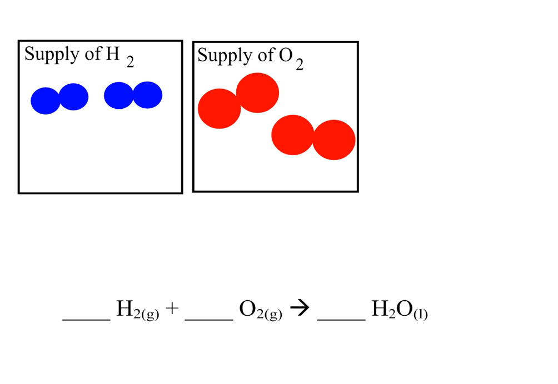They're going to be converted into water, and water, we know that the formula for that is H2O, and we'll have that in the liquid state. And above we have two different supplies of these.